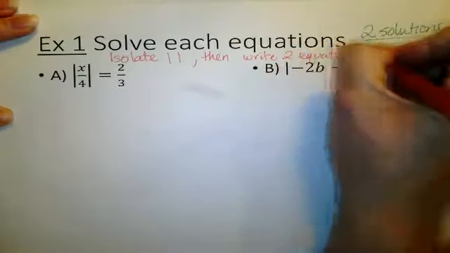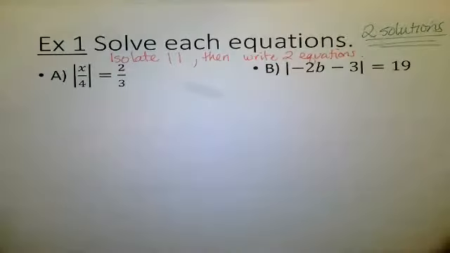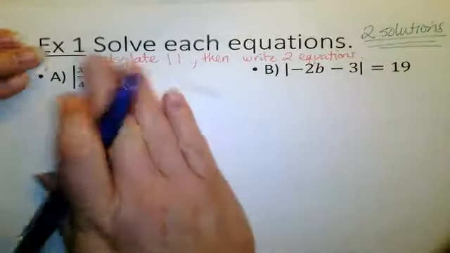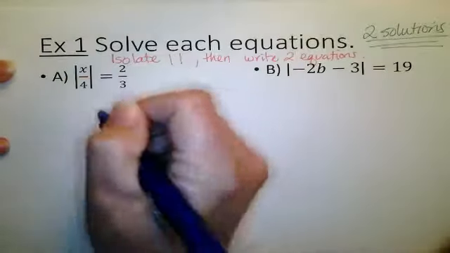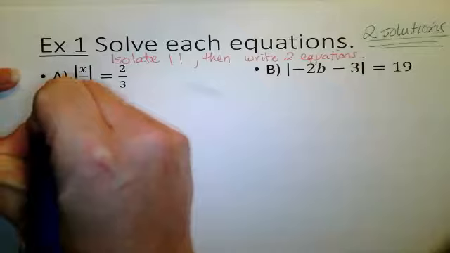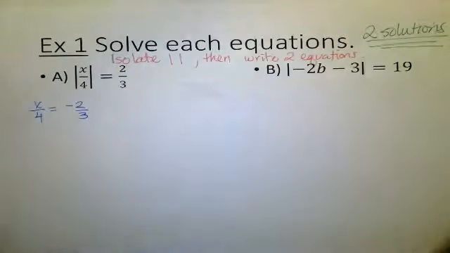And those two equations are the two equations that represent the distance going to the right of 0 and the equation that represents the distance to the left, which would be the negative. All right, so our absolute value here is alone, isolated on the left. And so we're going to write two equations. So that's going to be x over 4 is equal to the negative 2/3. That's if we went to the left, 2/3 of a unit.